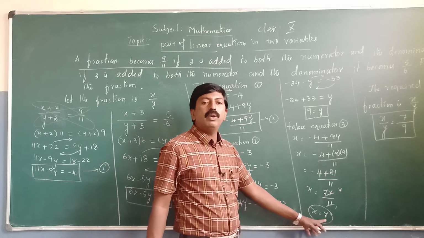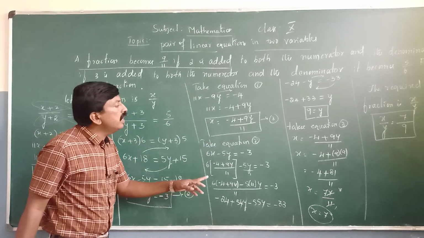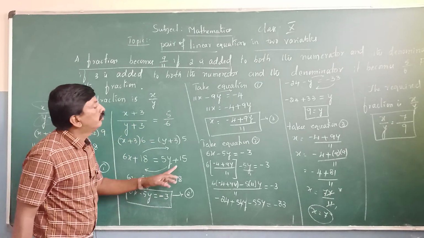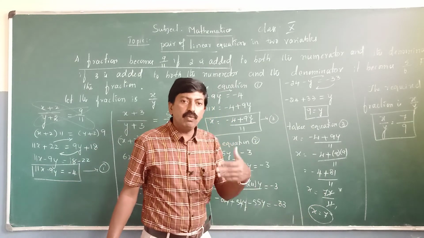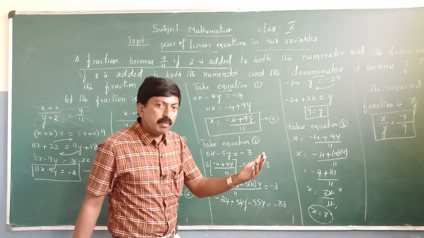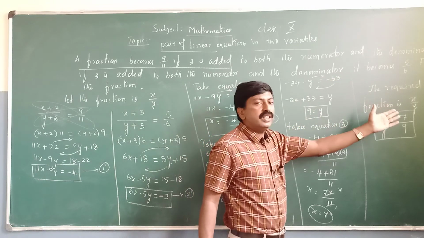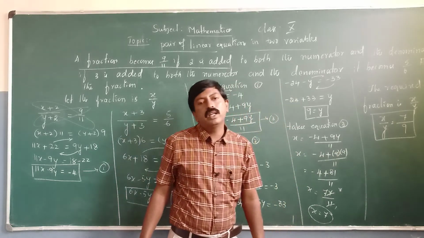Then the x value will become 7. So x is 7 and y is 9. Using these two equations, we have chosen x as numerator and y as denominator. Therefore, the required fraction is x by y, that is 7 by 9.